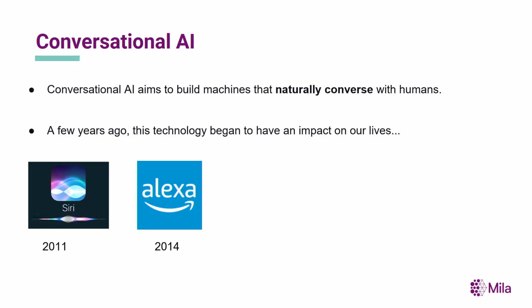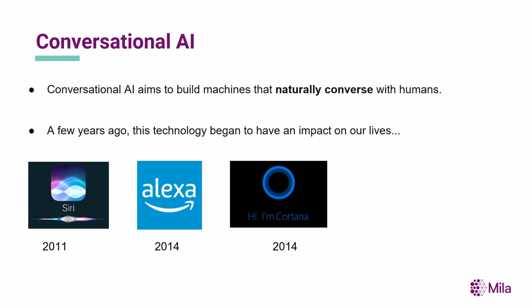Think about Siri, right? Siri was released by Apple in 2011. After that, we have seen other speech assistants like Amazon Alexa, but also Microsoft Cortana, and more recently, Google Home.